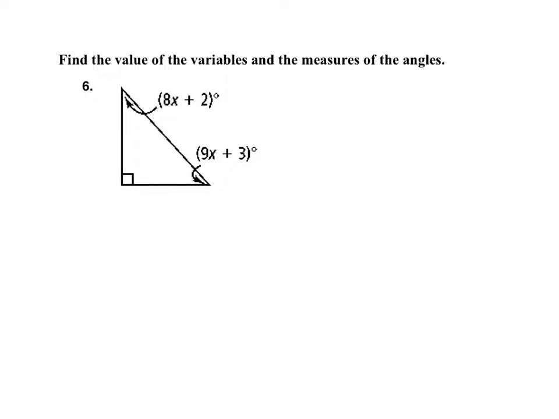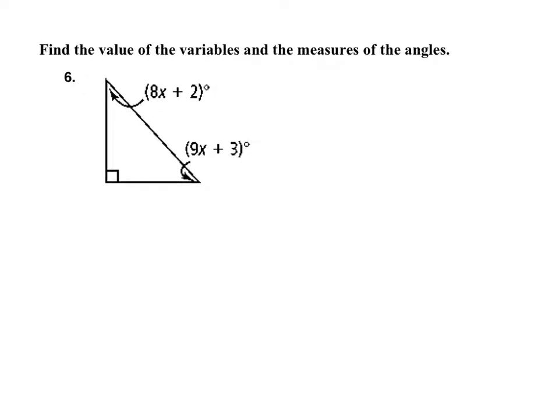Find the value of the variable and the measure of the angles. So I have a right triangle here. The sum of all three angles is 180. We already have a 90-degree angle right there. We're going to see later on that in a right triangle, the two acute angles are complementary. So I have 8x plus 2 plus 9x plus 3 plus 90 equals 180.